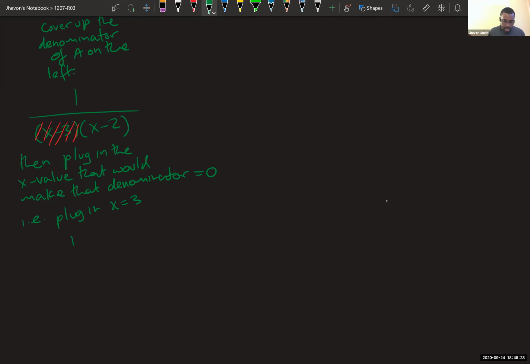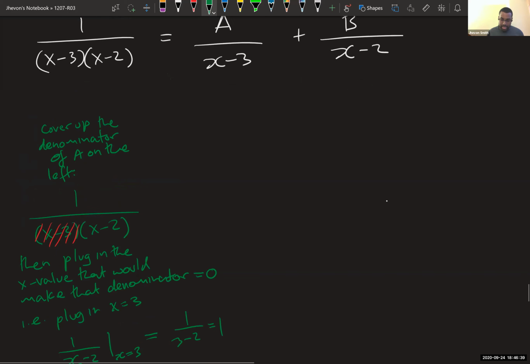So you notice that if I took 1 over x minus 2 and I plugged in x equals 3, I would get 1 over 3 minus 2, which is 1. And that is what goes in the position of a.